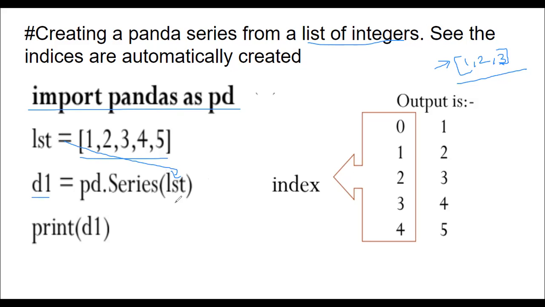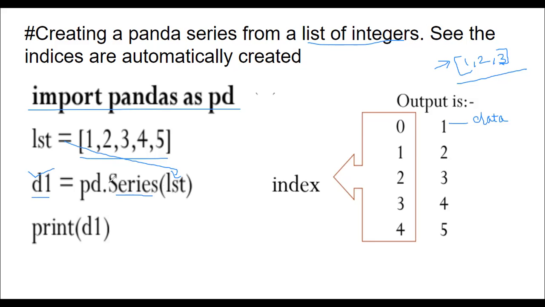Through the list, I created my series, and the series is stored in the variable or object called d1. So when I give print d1, the output is our original data that we stored. We didn't give the index here, so automatically it will take a default index 0, 1, 2, 3, 4 like this. So this is how we have to create a pandas series from a list of integers.